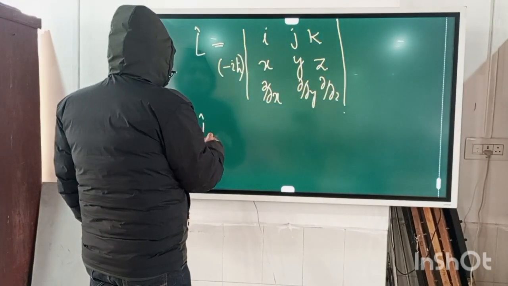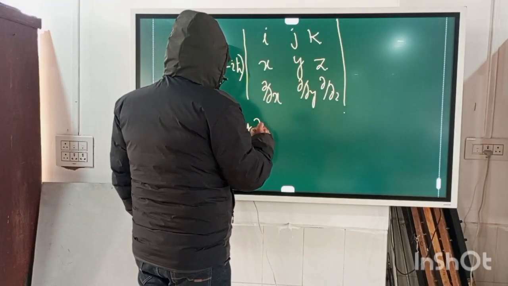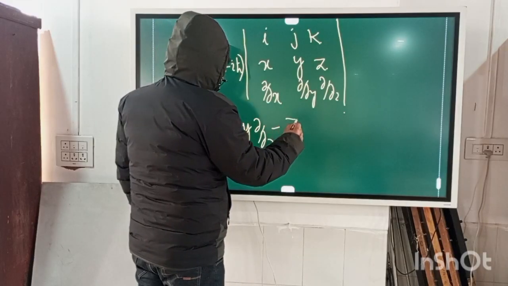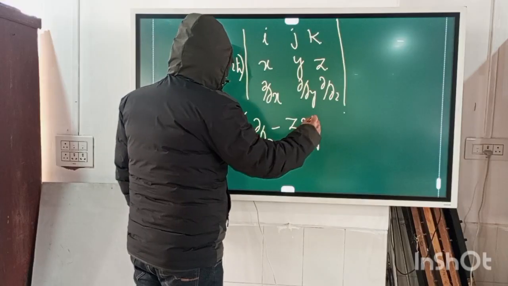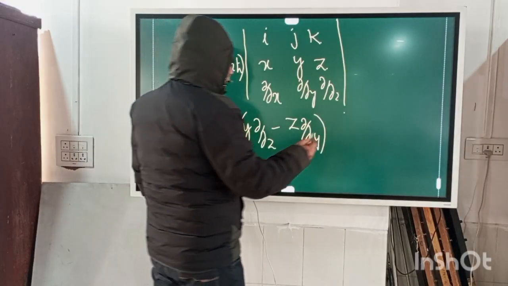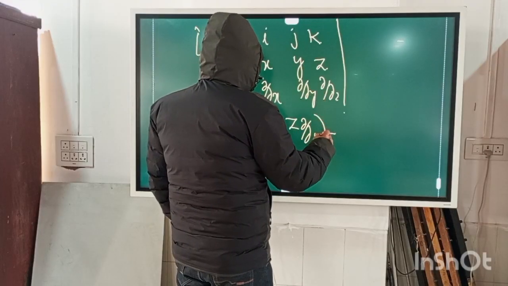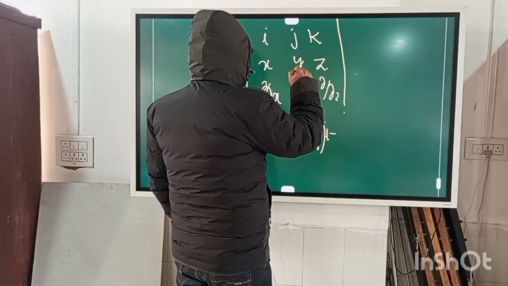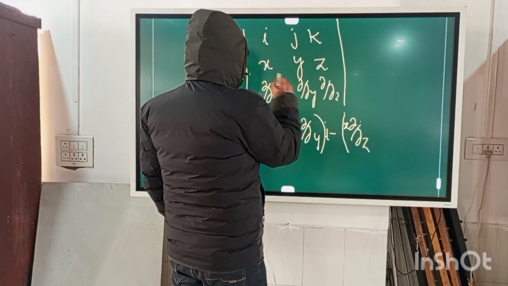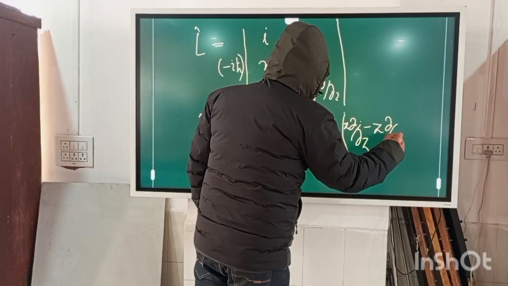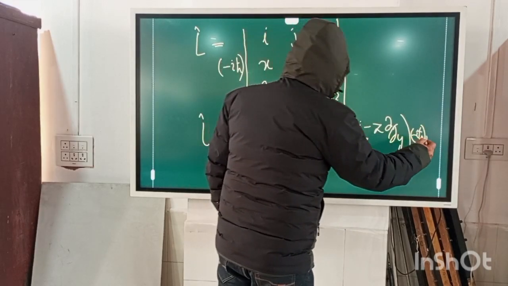So you will have i times y dou by dou z minus z dou by dou y, with minus i h bar outside. Then the next term is minus j times x dou by dou z minus z dou by dou x, multiplied by minus i h bar.